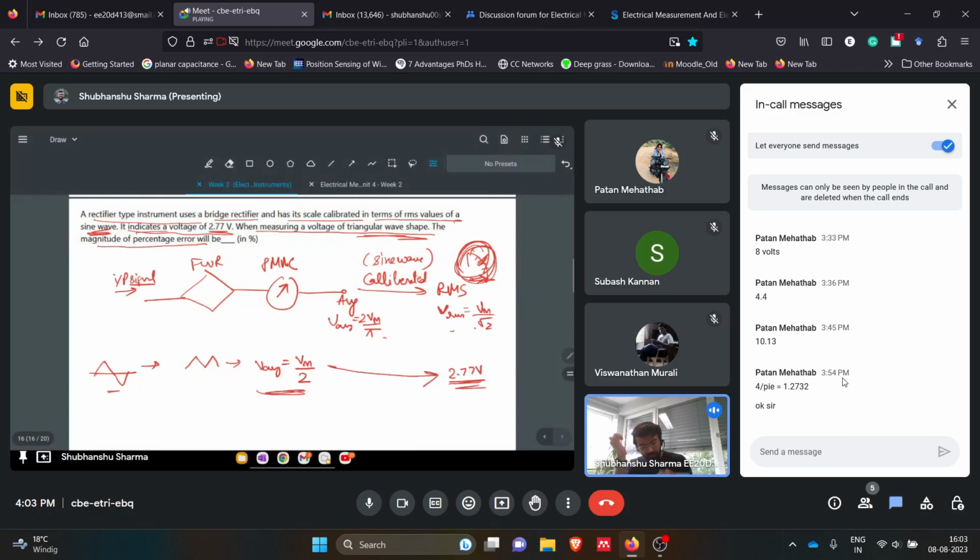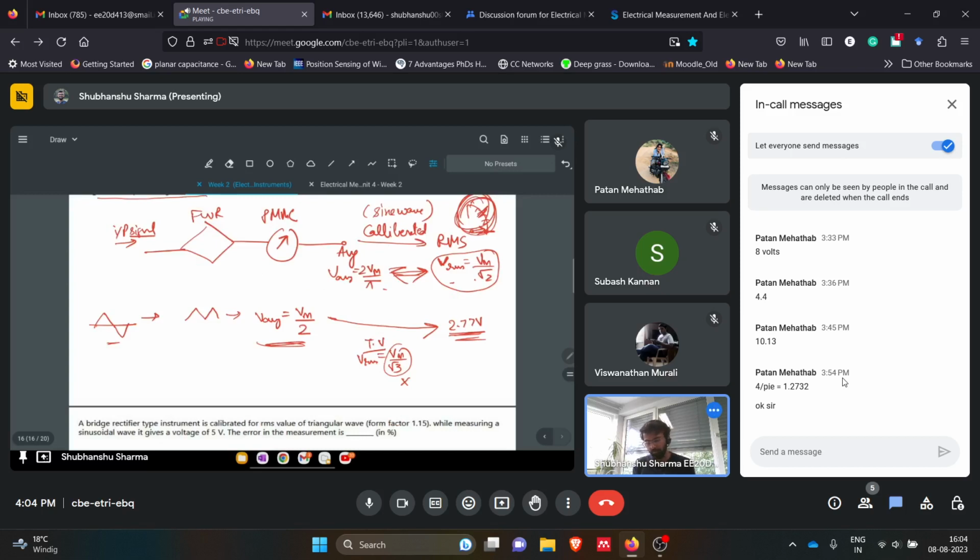But if we want to see the actual true RMS value of a triangular wave, VRMS will be Vm by root 3. Instead, it showed according to this relation. Now you have to calculate what the error will be. Just think.